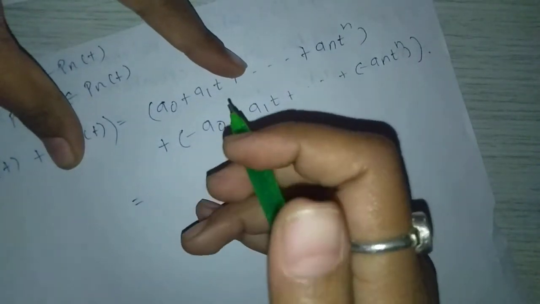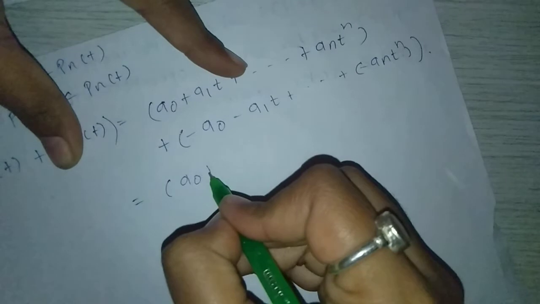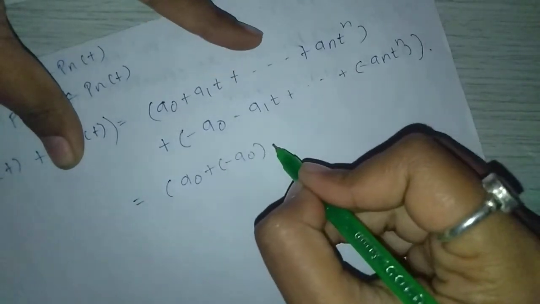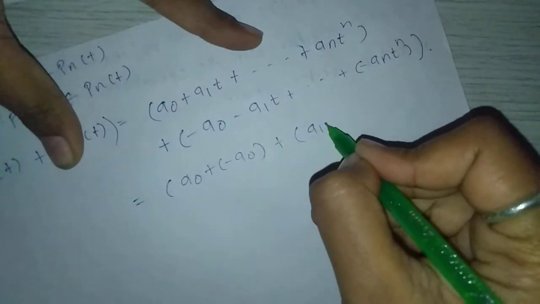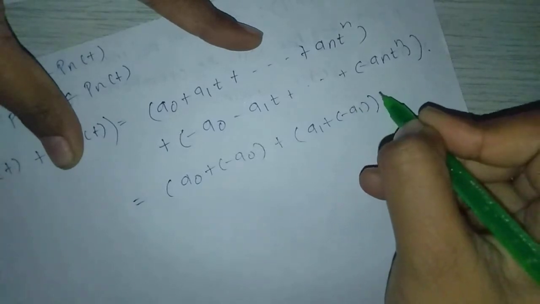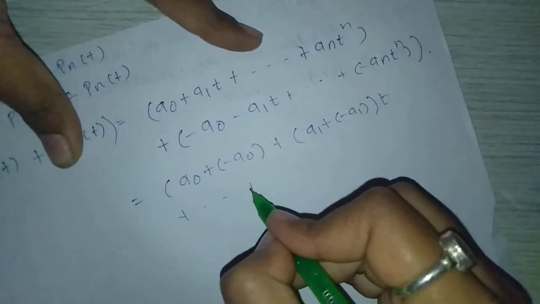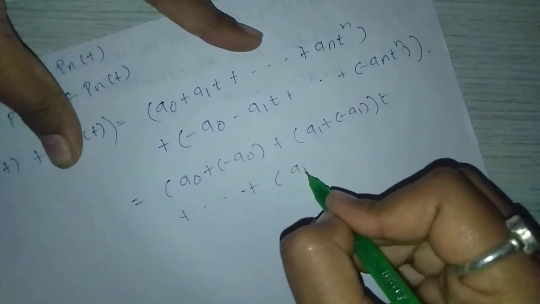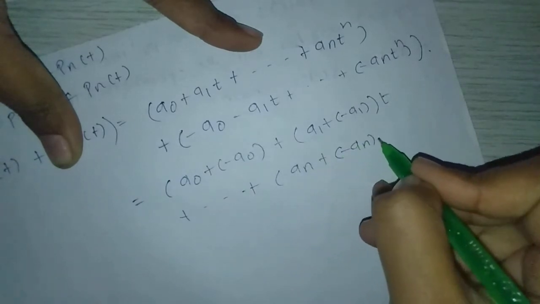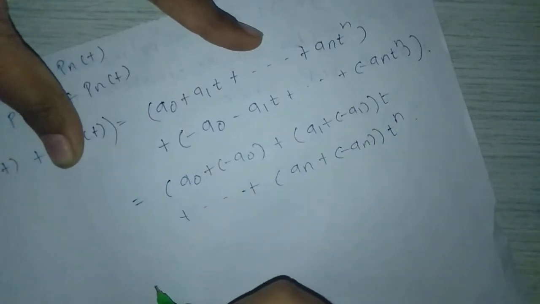Now add these two polynomials, we get a naught plus minus a naught plus a1 plus minus a1 into t and so on plus an plus minus an t raised to n.